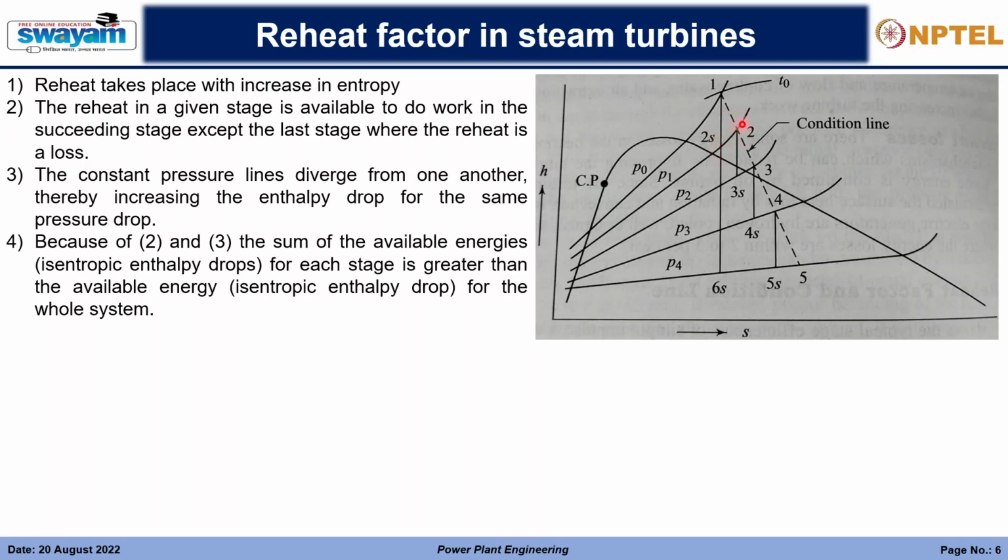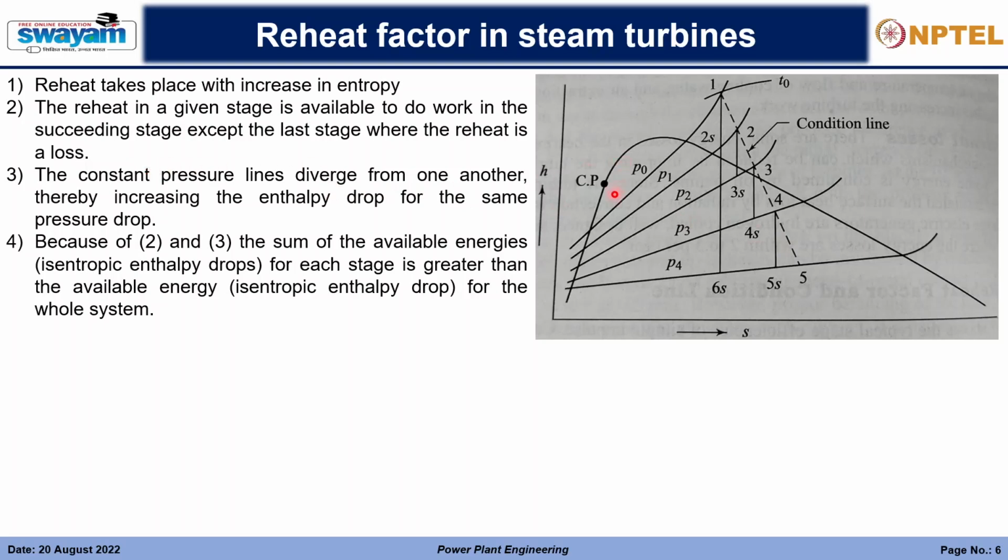That enthalpy can be used in the succeeding stage. That is why this reheating is beneficial for the succeeding stages, except the last stage, because after this we are not using the enthalpy of the steam for moving the turbine blades, but it is directly going to the condenser. That is why it is not beneficial to the last stage.